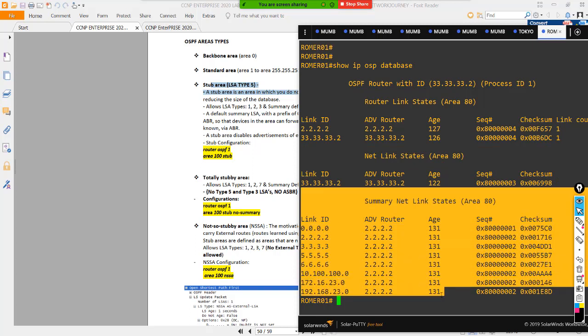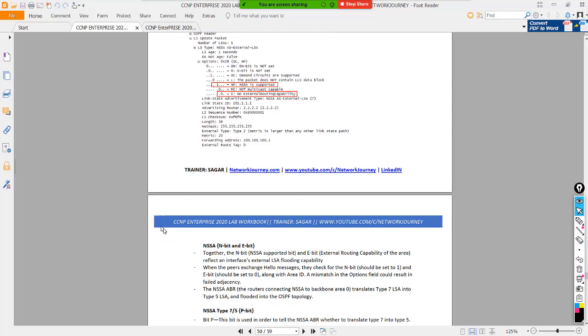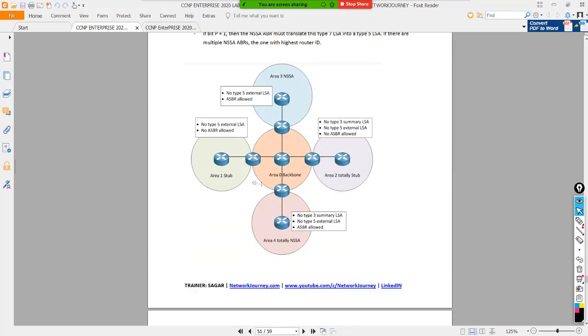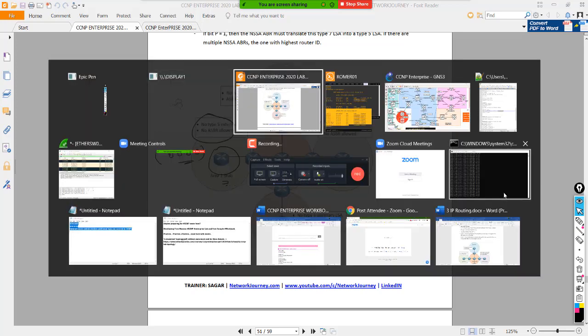That is the default behavior of stub. If you see this diagram, in the case of stub there will be no type 5 and no type 4 LSA, but at the same time they are going to have reachability because of the addition of the default gateway.